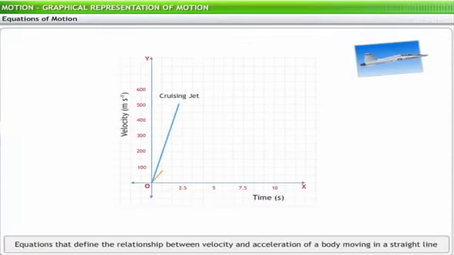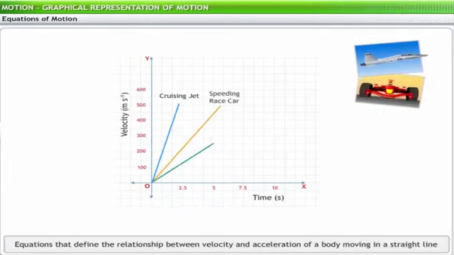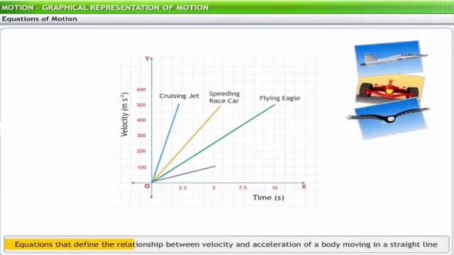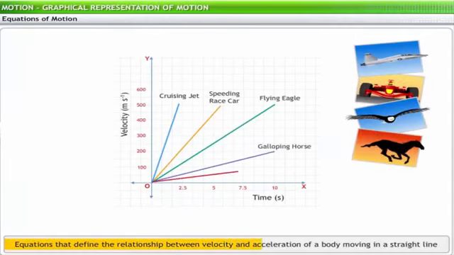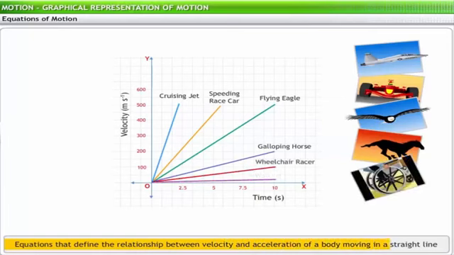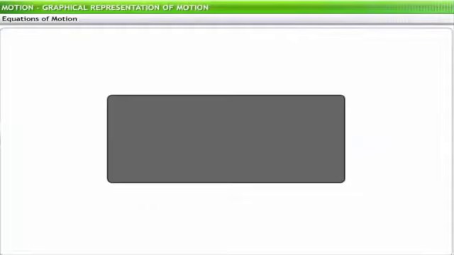Analyzing a velocity time graph enables you to derive the equations that define the relationship between velocity and acceleration of a body moving in a straight line. These equations are collectively referred to as equations of motion. There are three equations of motion. V is equal to U plus AT.